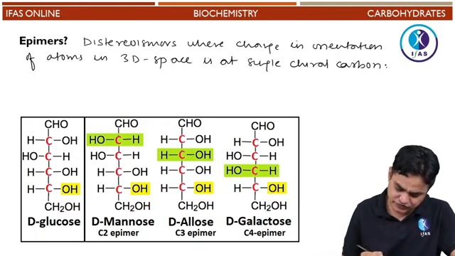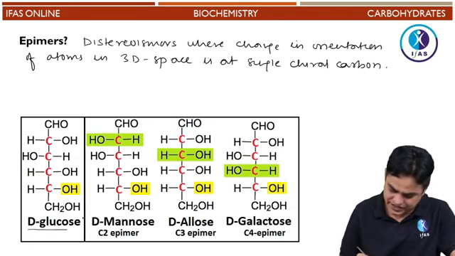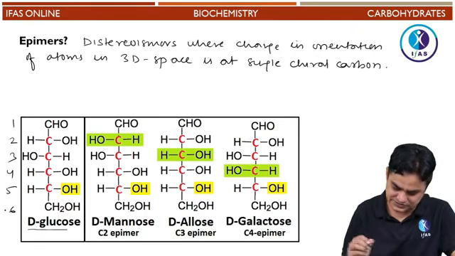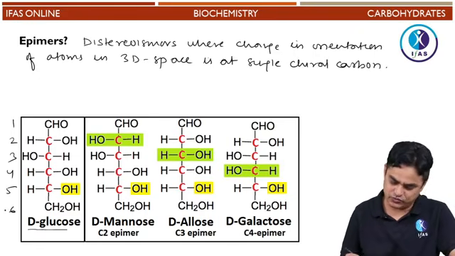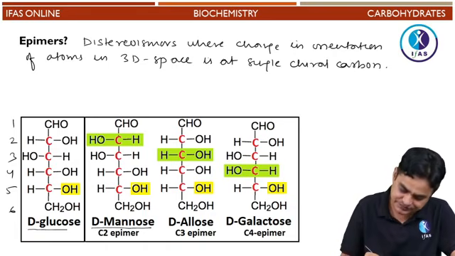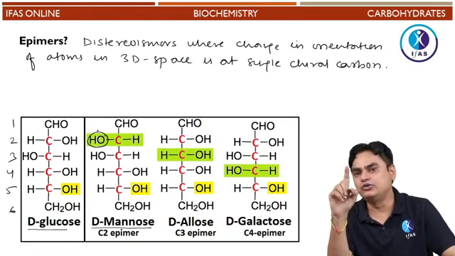For example, if you compare the structure of D-glucose and D-mannose, so this is 1, 2, 3, 4, 5 and 6. This is the structure of glucose, and if you compare the structure of D-glucose with D-mannose, what you find is that there is a change at only carbon 2.